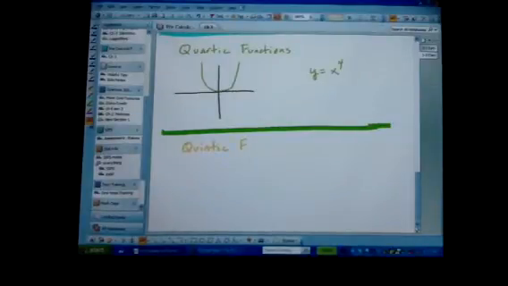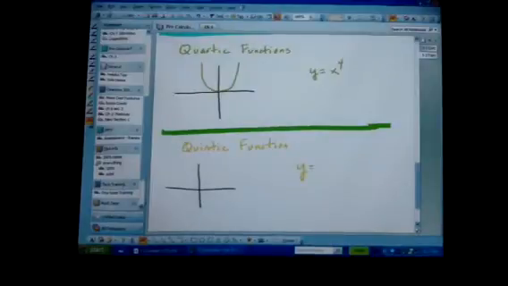How many babies does a mother have if she has quintuplets? 5 of them. So the parent equation has to have an x to the 5th power, exactly.